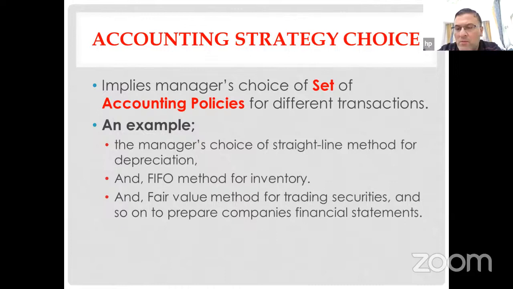So now we can differentiate between accounting policy choice, which concerns only one accounting policy, and, when we are talking about a set of accounting policies, accounting strategy, or the strategy that managers adopt to prepare their accounting policies.